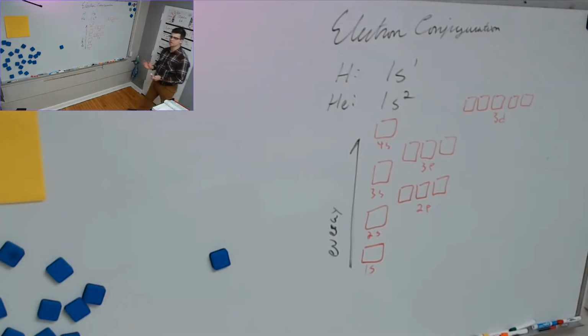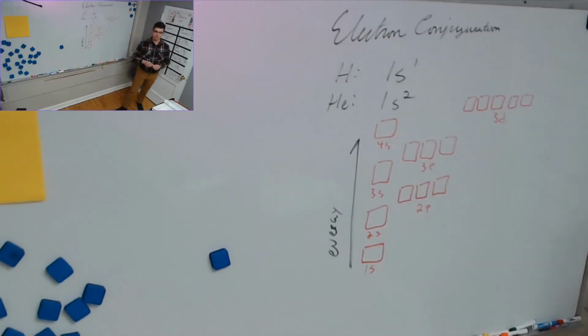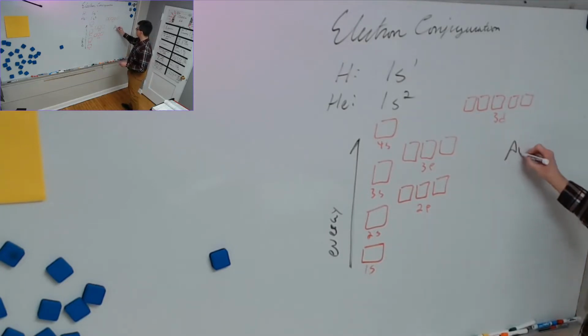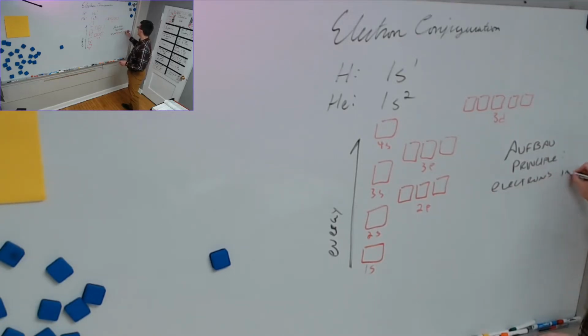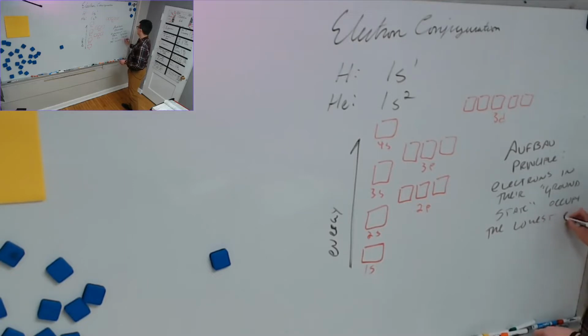Aufbau, if I remember correctly, is the German word for something like underneath the lowest, or fill the lowest. It has to do with the fact that we fill these from the bottom up. The Aufbau principle, and you should write this down somewhere, which relates to this Aufbau diagram, is that electrons in their ground state occupy the lowest energy orbital they can.